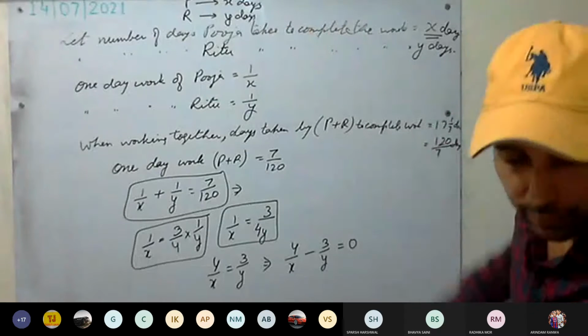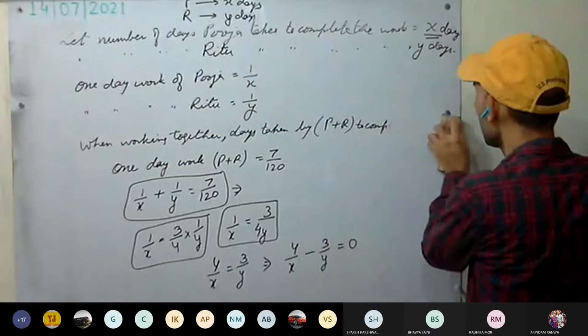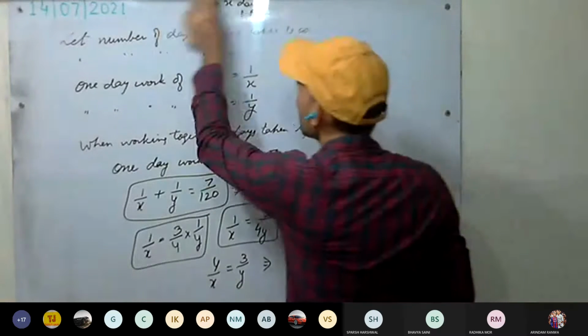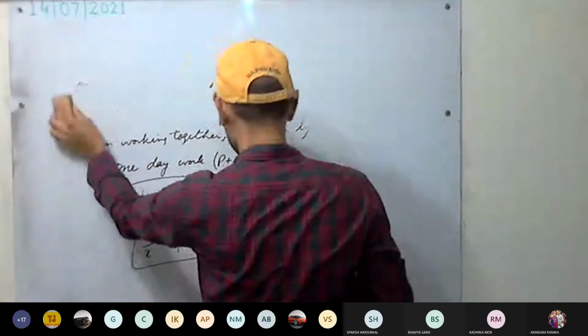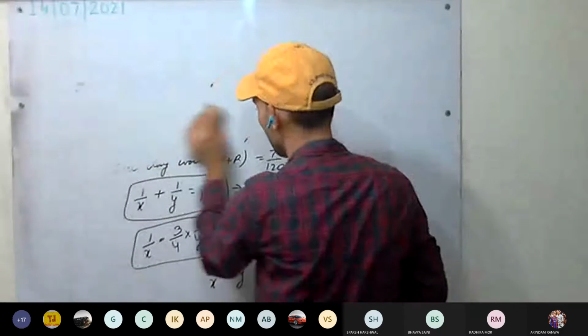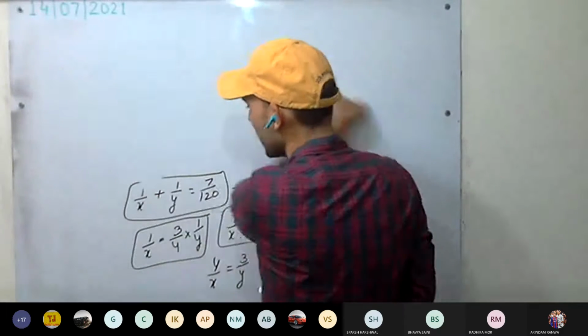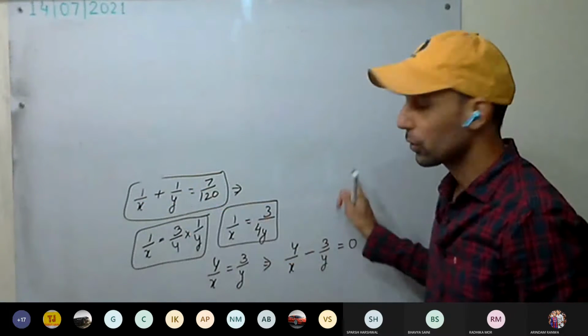I'm rubbing the top part. You can apply any of the three methods: substitution, equating the quotients, or cross multiplication. For cross multiplication, you have to put the equation in that form. For that, you take 1 by x as a and 1 by y as b, and solve through that.